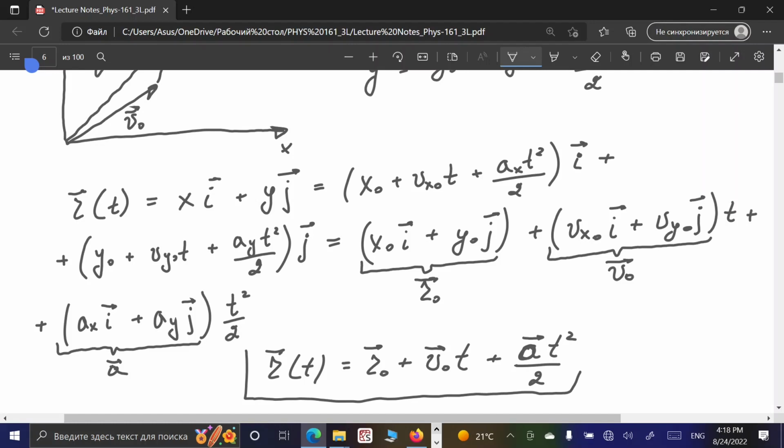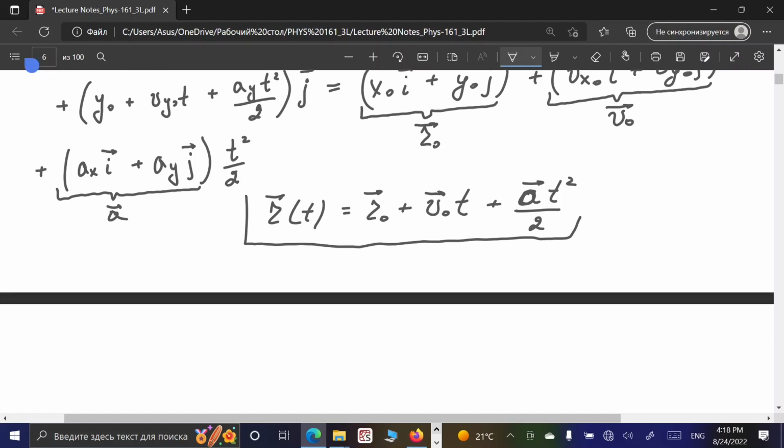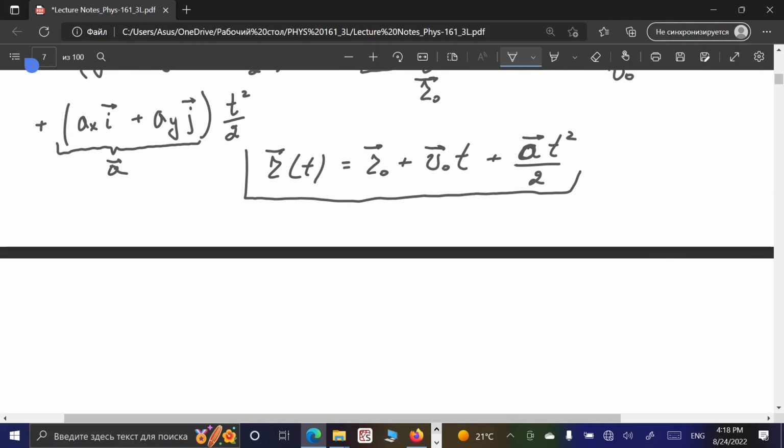It can be applicable to all cases when we have motion different from motion along a straight line. So if there are 2 or 3 dimensions, we can apply this concept and determine position vector for an object at any given moment of time.